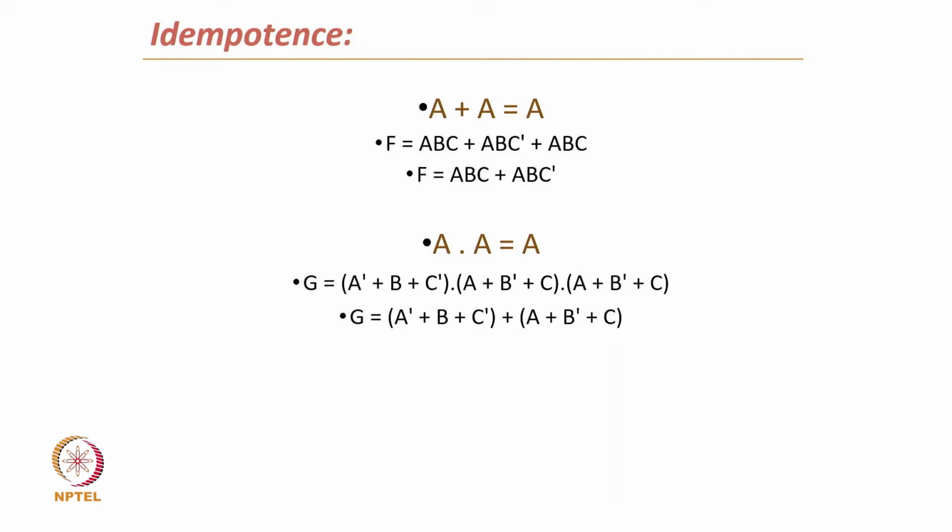So, here the thing is, in normal algebra, we always follow that 1 plus 1 is equal to 2. In normal algebra, it comes like this, but in Boolean algebra, 1 plus 1 is 1.